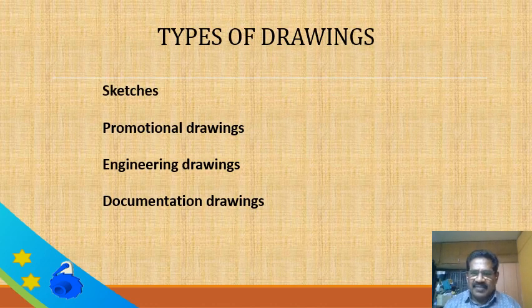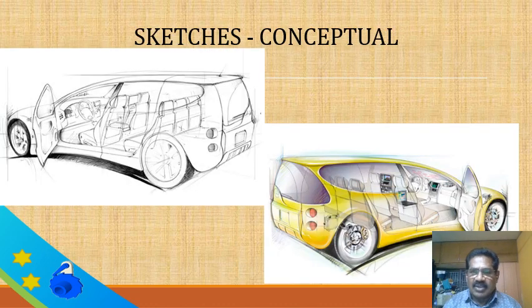The types of drawings make it very interesting. There are sketches, promotional drawings, engineering drawings, documentation drawings, etc. Let's look at them one after the other. Sketches are conceptual sketches. It is an idea that comes into the mind, and there are very creative persons who put their abstract thinking into a 2D sketch.